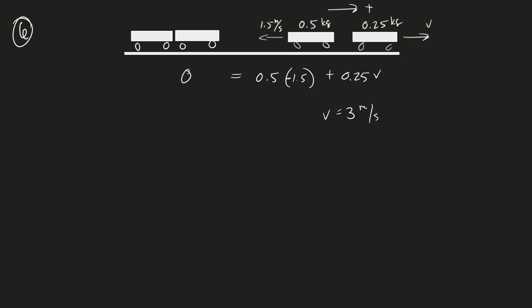If you want the potential energy that the spring had, this was elastic potential energy, normally we would say that's 1/2 kx squared, but we don't know anything about the spring. Well, this was a conservation of energy problem too. The spring energy became the energy of the carts: 1/2 mv squared plus 1/2 mv squared.